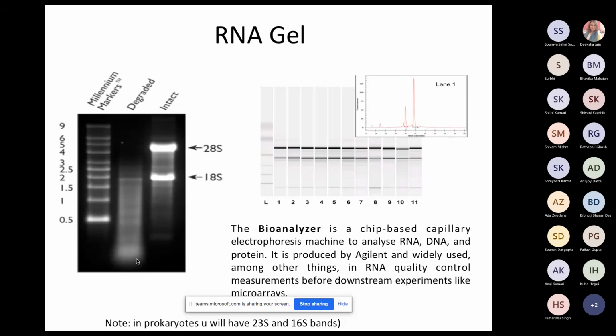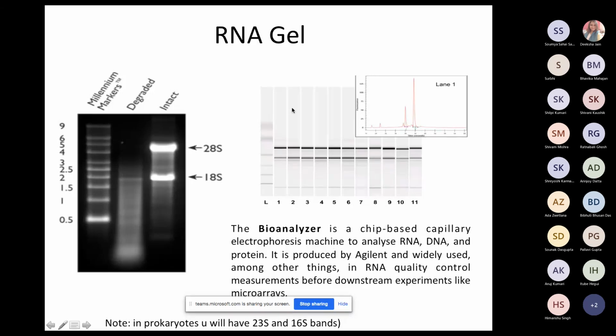Now, one way is that you run it on a gel, but now more sophisticated systems have come, which are chip based, in which you isolate your RNA from multiple samples and load it on a small chip. This instrument is called a bioanalyzer. Our department, I think, as of now, doesn't have it, but KSBS does have one.